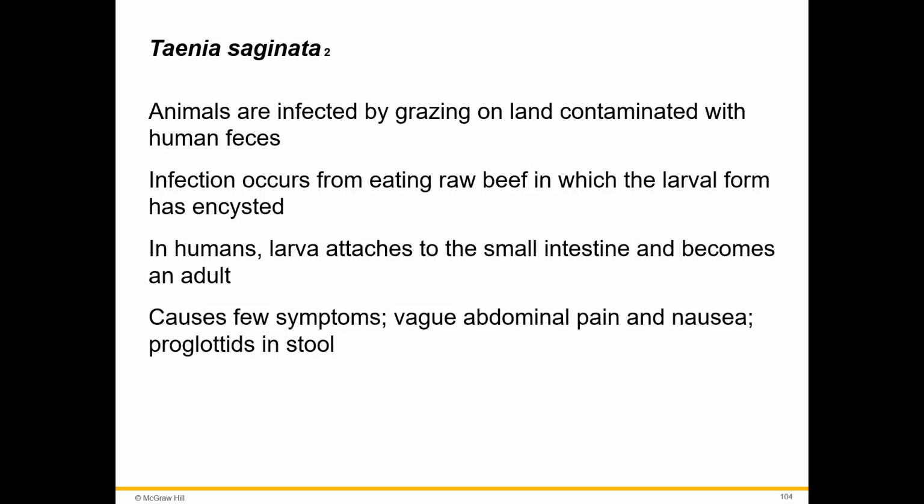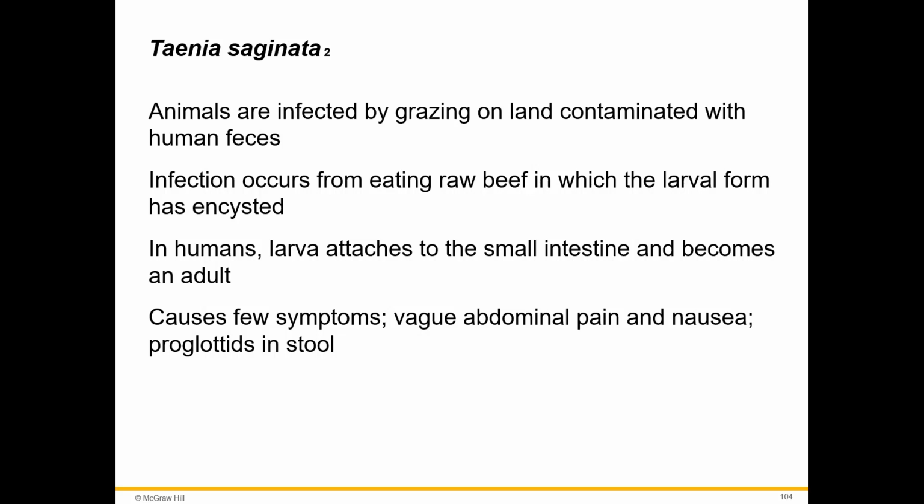Because then an infection occurs from eating raw beef, where the larval form is encysted. The human will ingest it, and the larva attaches in the small intestine, eventually becoming an adult form.